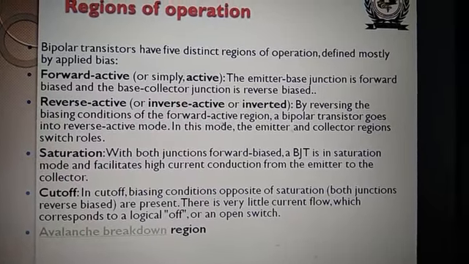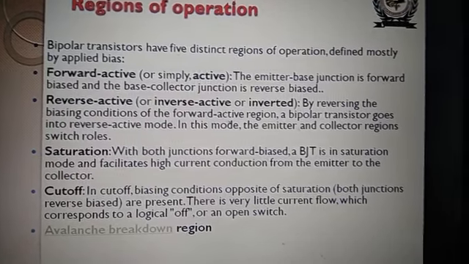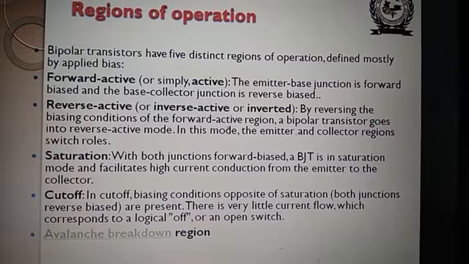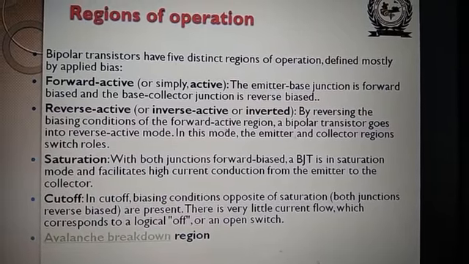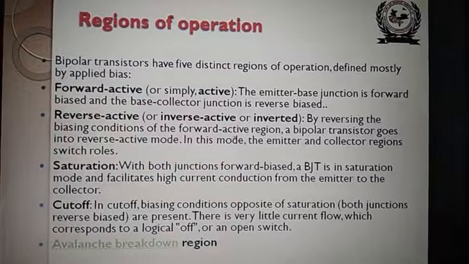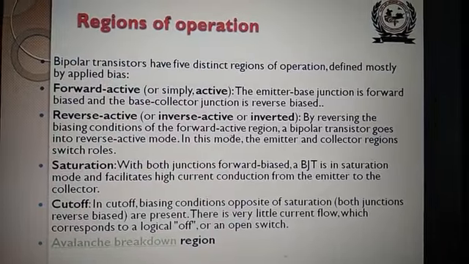Once again, what is the forward active region? It is the region where the emitter base junction is forward biased and the base collector junction is reverse biased.